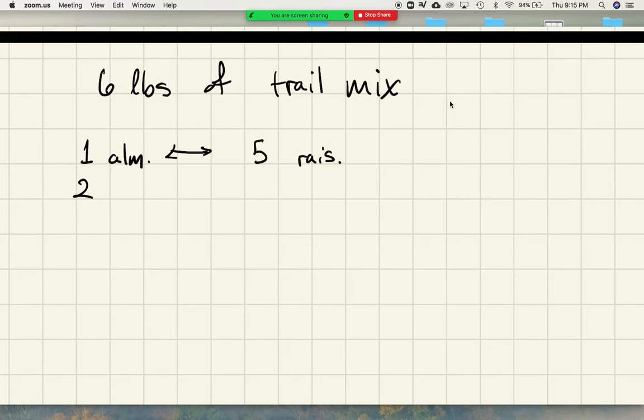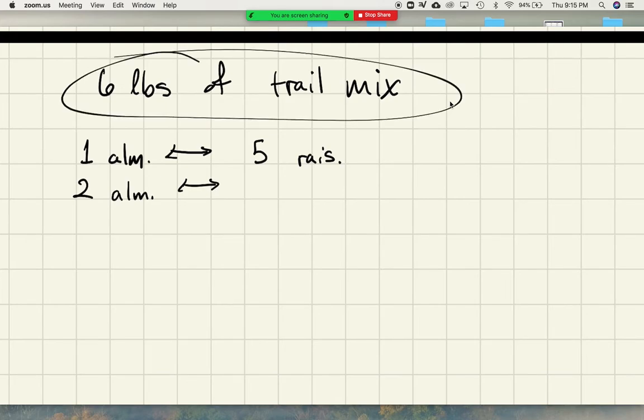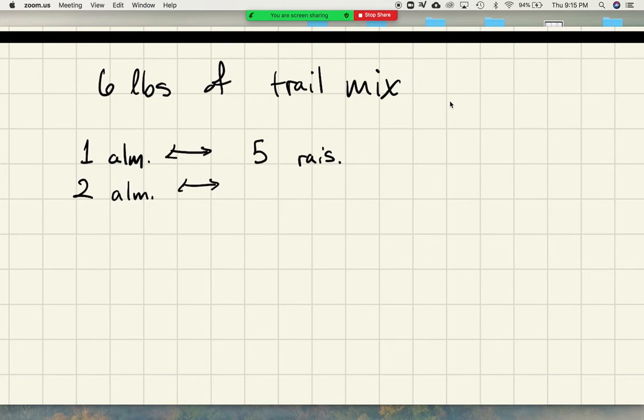I'm just going to write out all the different ways that you can get 6 pounds without doing decimal stuff, because that's not what it's working on right now. If you had 2 pounds of almonds, how many raisins do you have to have? 0, because it's 2 more pounds. I'm saying ignore that. The only thing you're paying attention to is that the whole thing altogether has to be 6 pounds. This one really confused me, and it shouldn't have. 1 pound of almonds, 5 raisins. 2 pounds of almonds, 10 raisins.